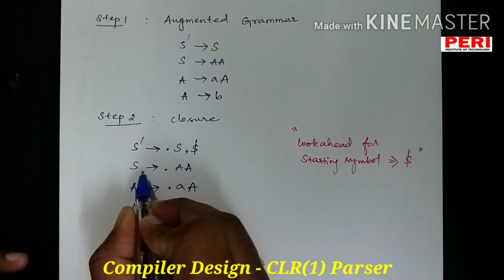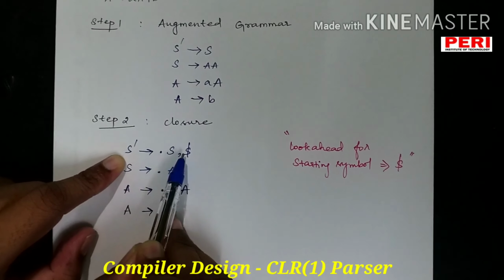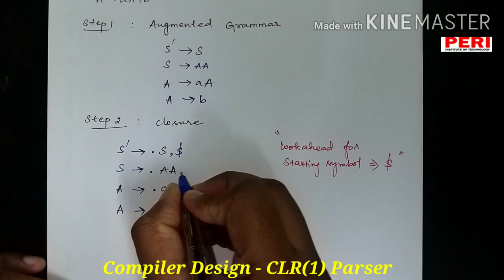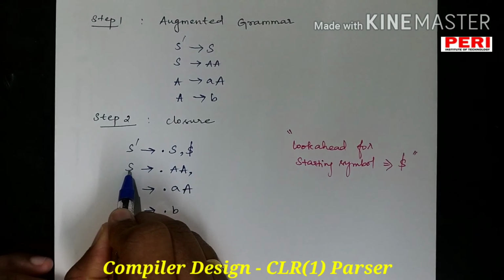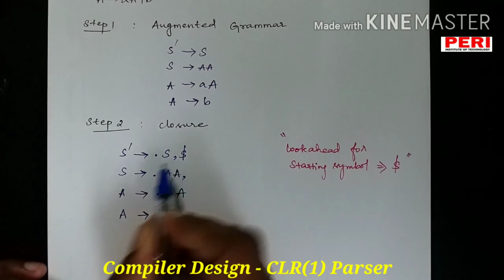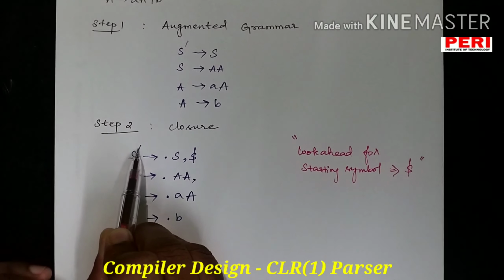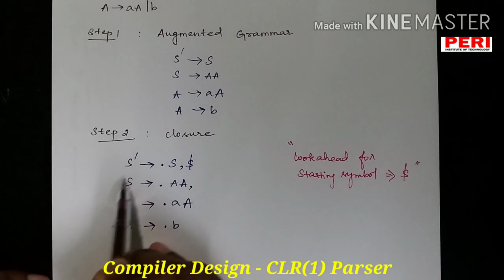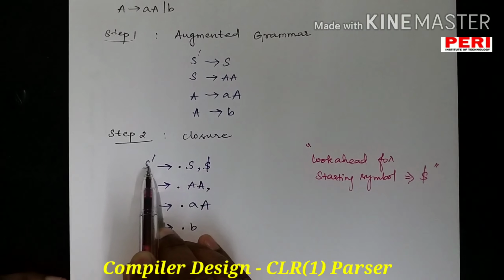So this is the starting symbol, right? For this production, this is my starting symbol, so I have added dollar here. Now, what will be the look ahead for this S? We have to look at the previous production. S is followed by dollar sign. Note it properly. Since S dash is my starting symbol in this production, I am adding a dollar as look ahead for S dash.